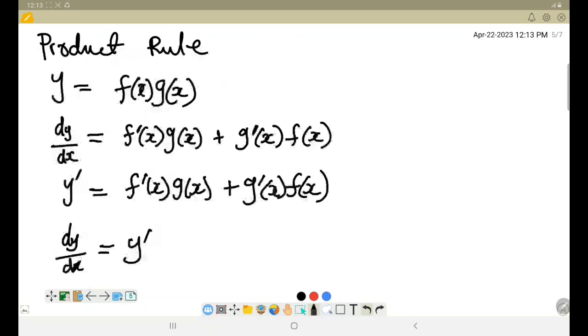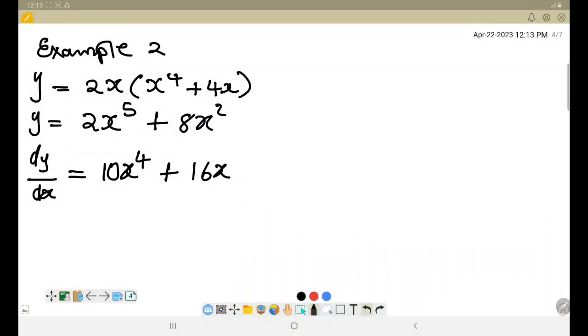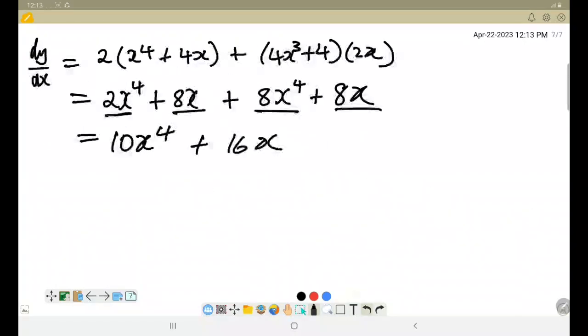Then we can confirm that this was the answer that we got when we were using power rule. Of course, here it seems like it's a bit long, but when you are familiar with the method, it's easier. You will be able to do it within 2 lines.